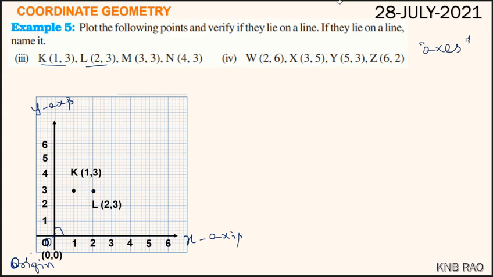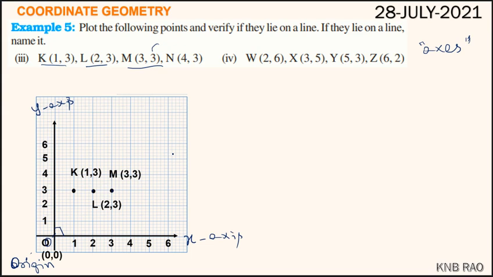Then M(3, 3): 3 units away from the x axis, given by the y coordinate, and 3 units away from the y axis, given by the x coordinate. So the point is here, 3 comma 3, named M(3, 3).